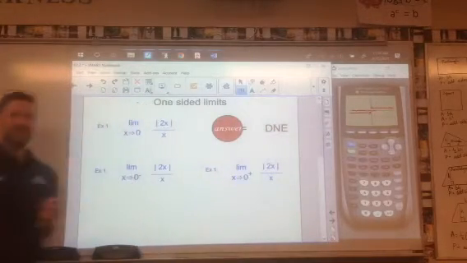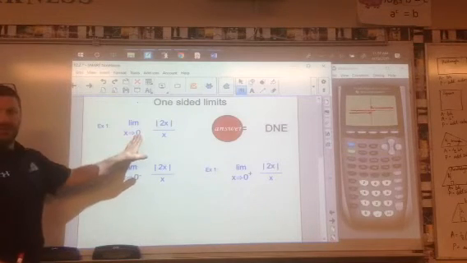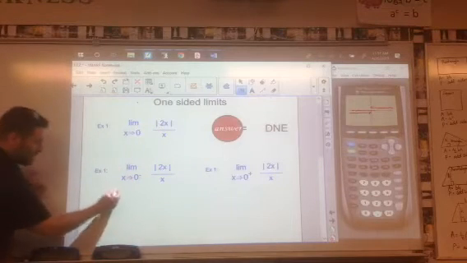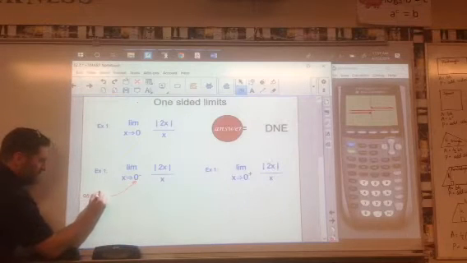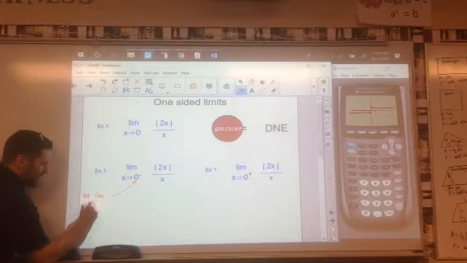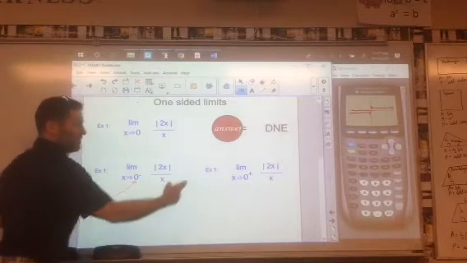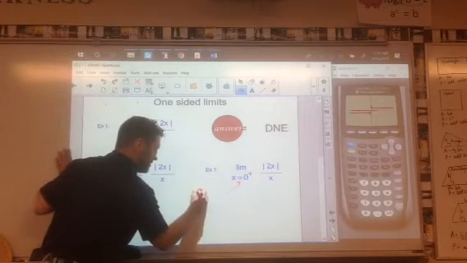the book introduces this idea of what a one-sided limit is. I know the limit at 0 doesn't exist, but what happens at 0 negative and 0 positive? This means what happens on the left side of 0, and what happens on the right side of 0.